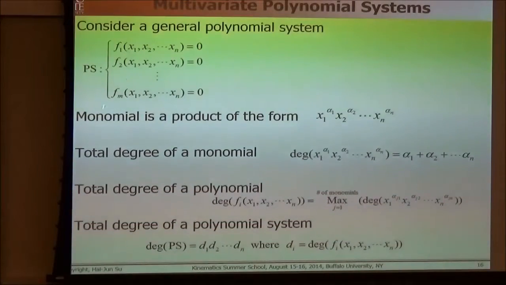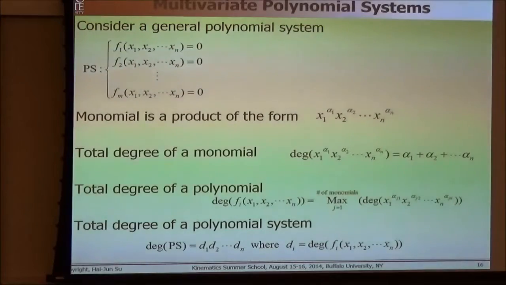So I have a polynomial system with n equations and n unknowns. In general, you could have a non-square polynomial system. The monomial is really a product of the variables x1, x2, ..., xn, raised to exponents alpha_i, which are the degree of each variable in this monomial.